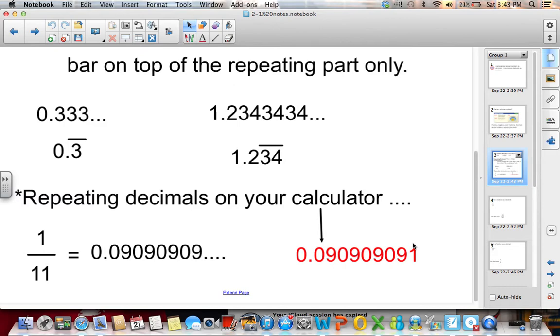But your calculator is going to round the last number up, so it looks like it stops and has a 1. You know that it's repeating if it has all these numbers the same, and then the number that it's rounded up, because this would be a 0 and a 9, so it just rounded it up to a 1. So I just want you to know that it looks a little bit different when you're on your calculator.